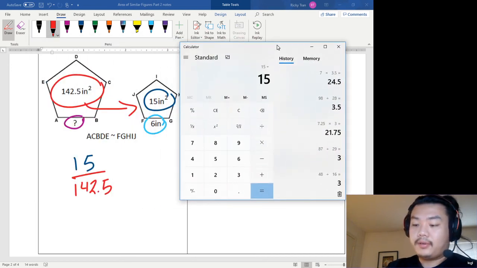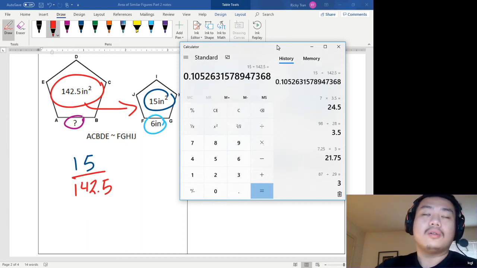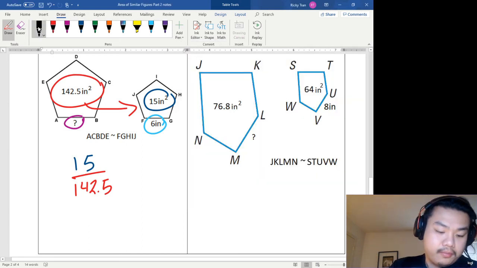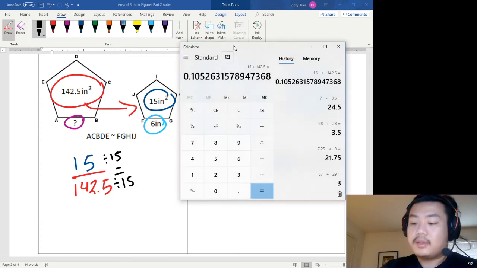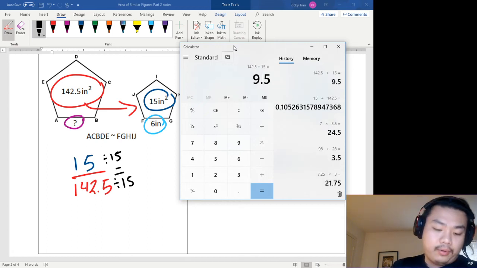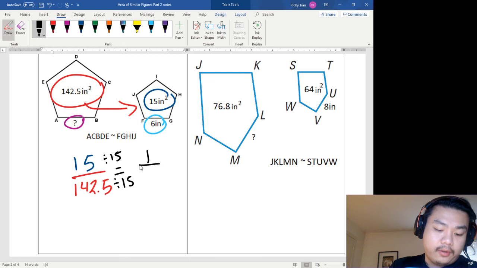Ooh, that's not a nice number. So instead, we're just going to divide by 15 so we can get a fraction. So 142.5 divided by 15 is 9.5. So in that case, this is going to be 1 over 9.5.